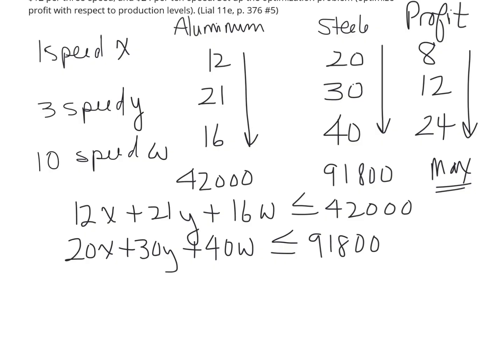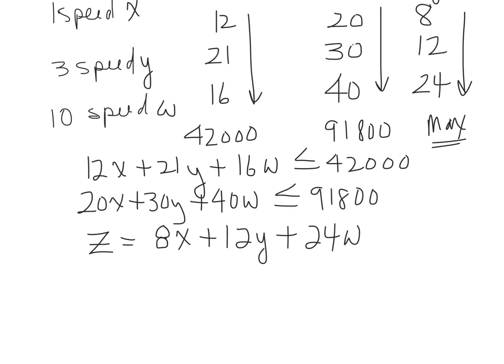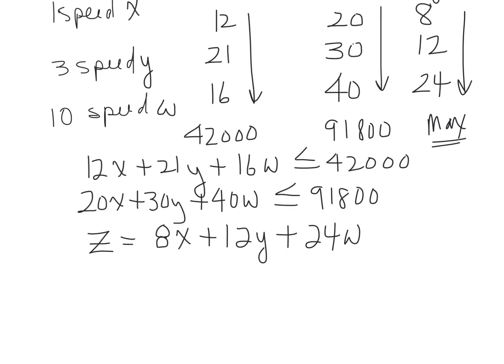With respect to the profit now, that's our Z function or maximization function. The 1-speed bikes are $8 profit. The 3-speed is 12, and the 10-speed is 24. And again, we can't have negative values of bicycles. You either have bikes or you don't. So x has to be greater than or equal to 0. y has to be greater than or equal to 0.